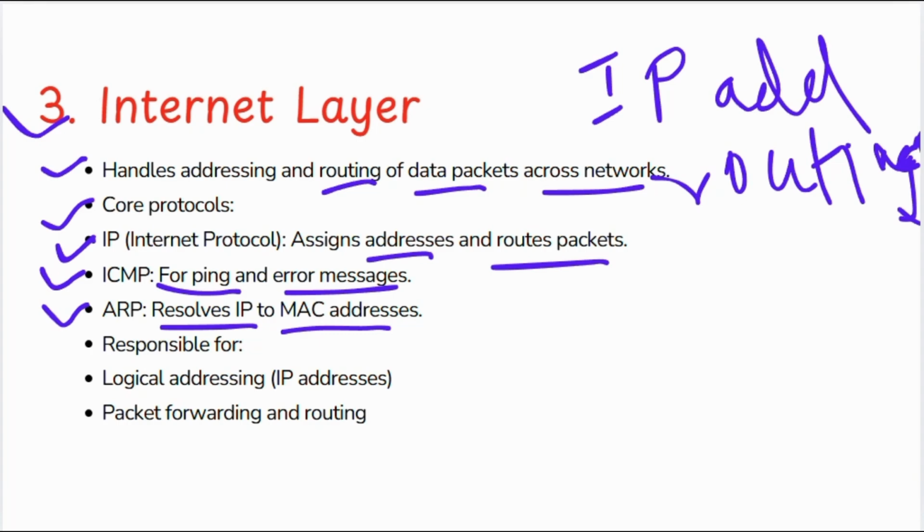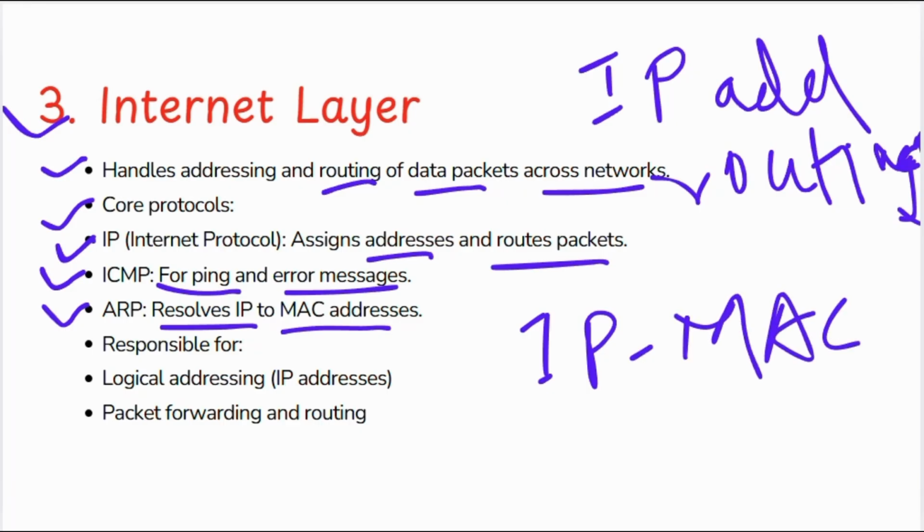ARP is Address Resolution Protocol, which resolves IP addresses to MAC addresses. When we know the IP address but we don't know the MAC address of the device, we use ARP. And the internet layer is responsible for logical addressing, packet forwarding and routing.